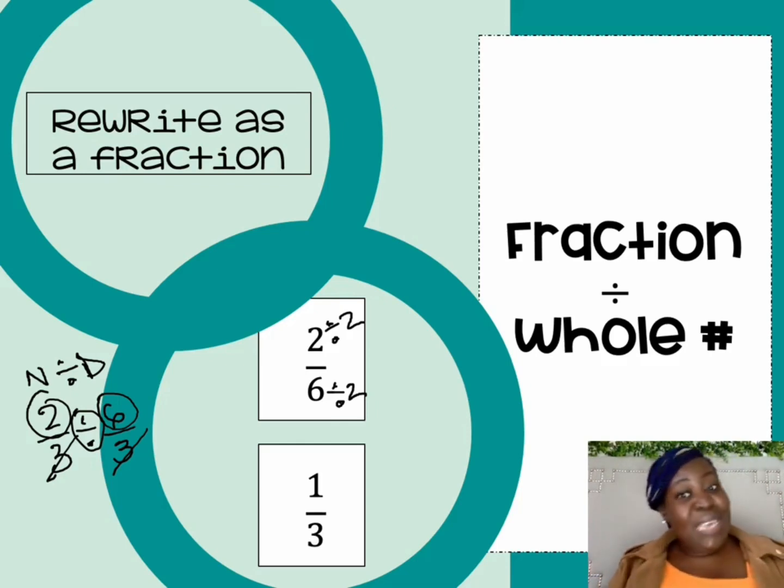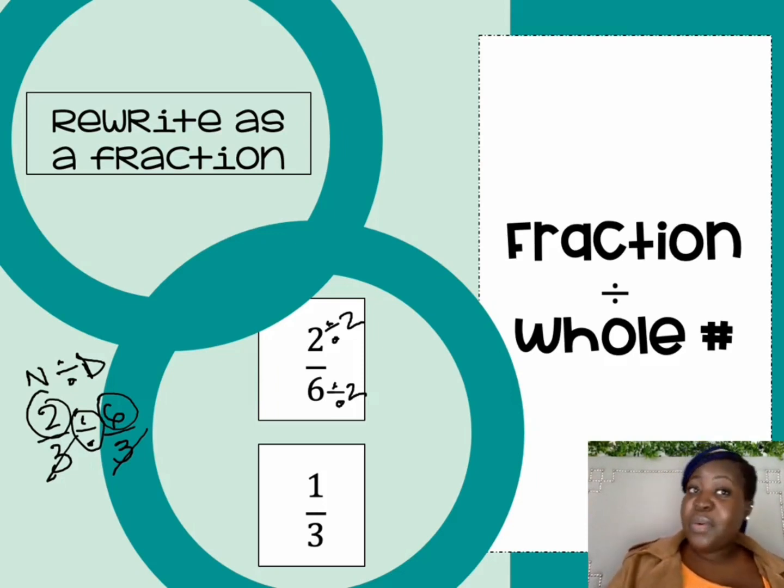That is going to be it for this lesson on fraction divided by a whole number. If you are confused or if you need to watch this over again, rewind it, go back, take your time, take notes, write it over, give yourself more problems, and try to solve it on your own by following the strategies that I use.